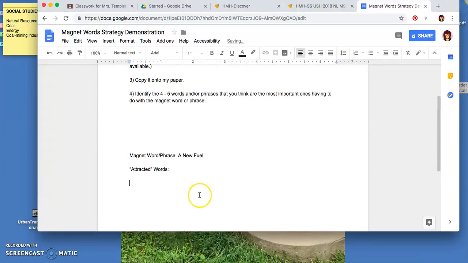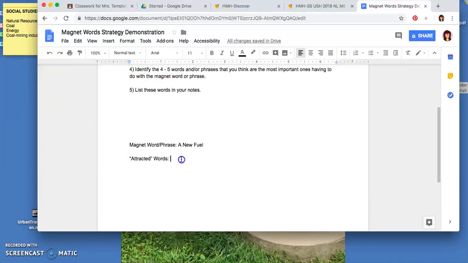So the 5th step is after you've identified the 4 to 5 words, list these words in your notes. So I'll do that. Separate them so I can see them better. I like to put the little dots next to them.